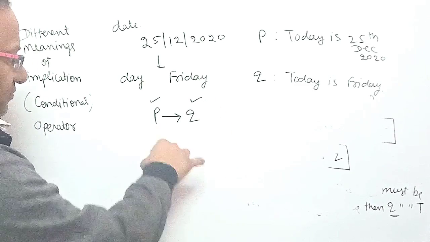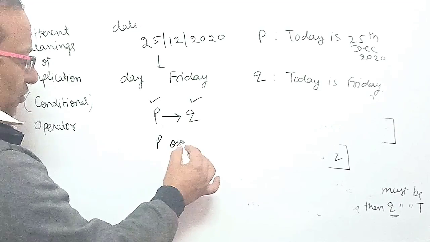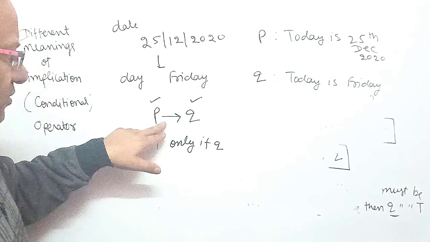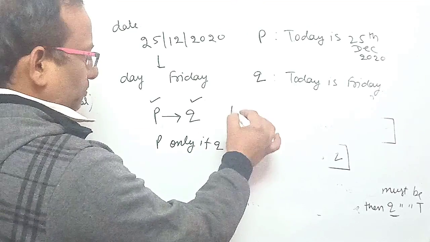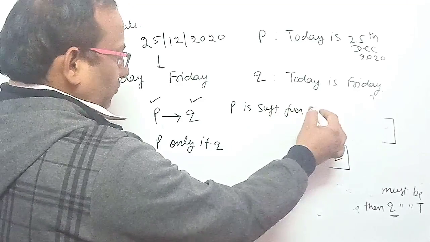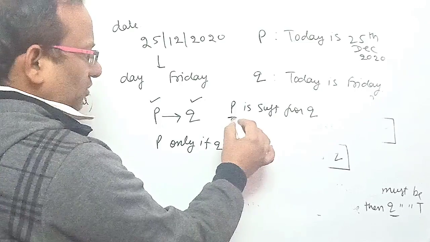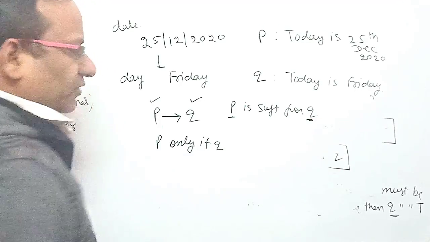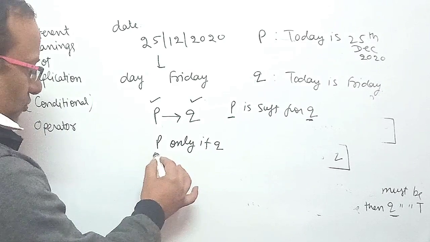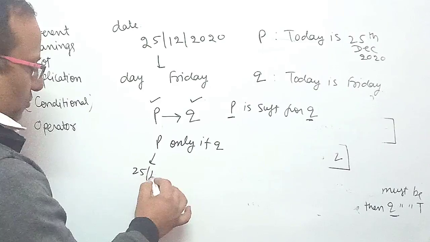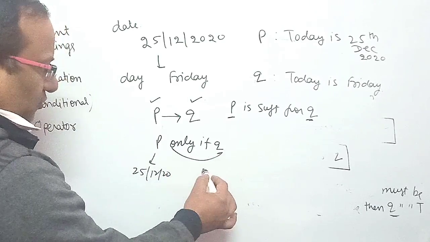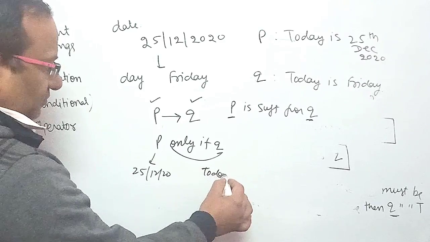Now let's see P only if Q. From this we can also prove that P is sufficient for Q. The date 25th December 2020 is sufficient to be Friday. Now P only if Q: today will be 25th December 2020 only if today is Friday.